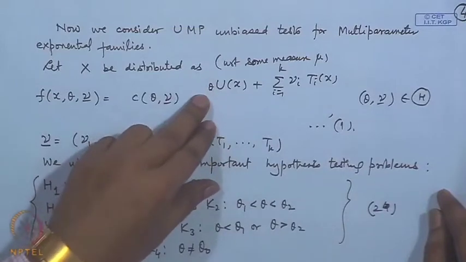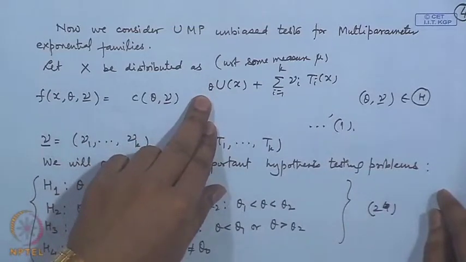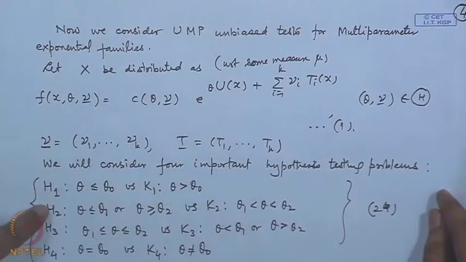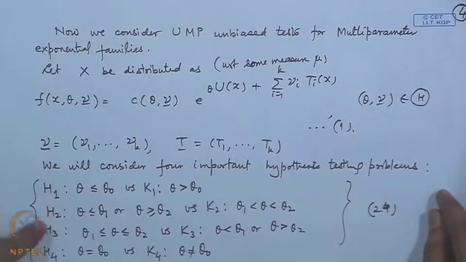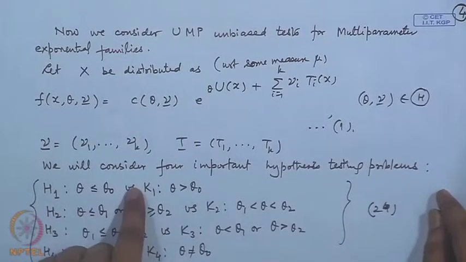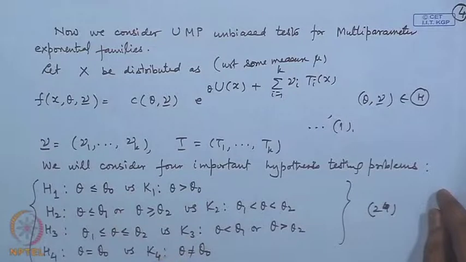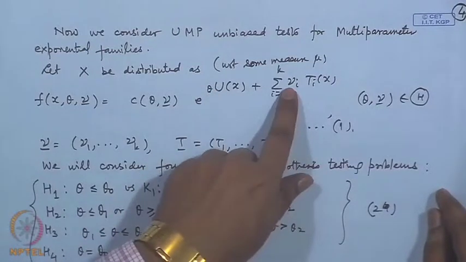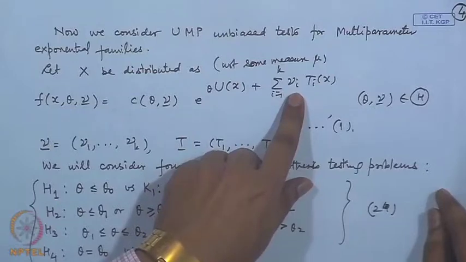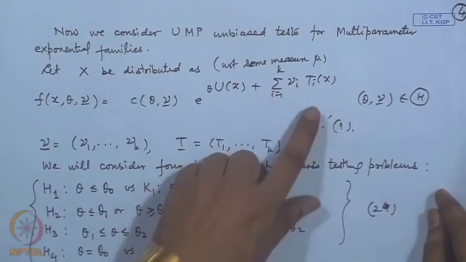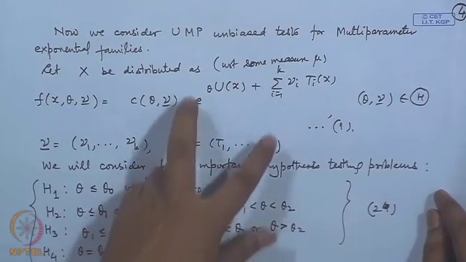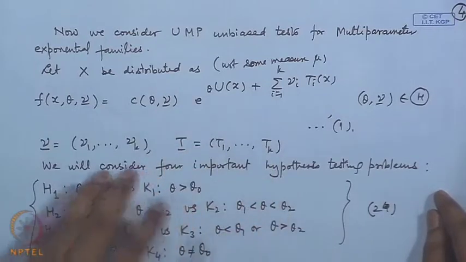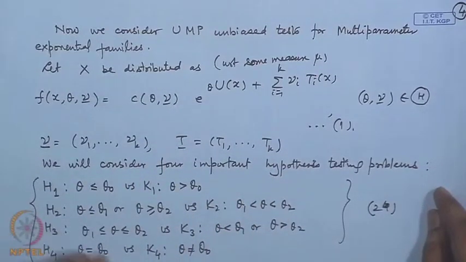Here we are able to derive the UMP unbiased test for 4 types of hypotheses, H1, H2, H3, H4 versus K1, K2, K3, K4 respectively for theta, and here nu_1, nu_2, ..., nu_k were considered as the nuisance parameters. Of course, we had considered here that the parameter space is k plus 1 dimensional and convex also.